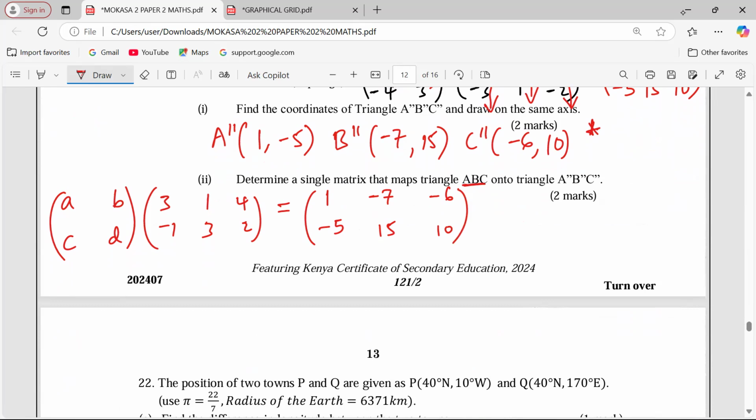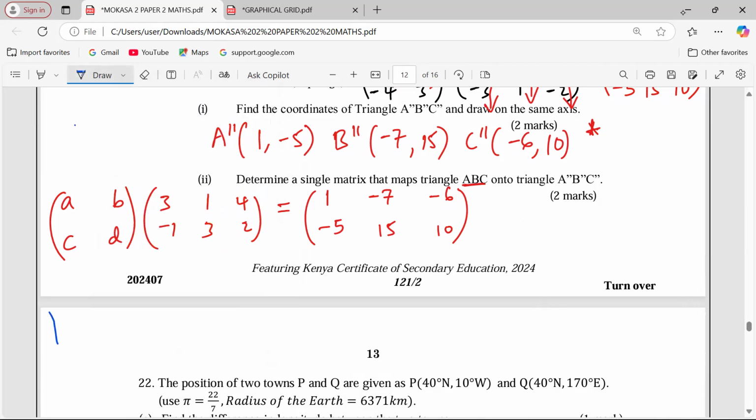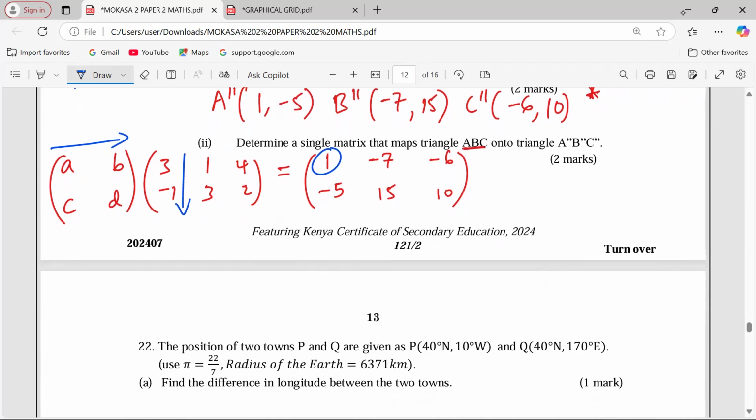So the matrix is unknown and we're supposed to determine it. We should be able to maneuver in such a question in this manner. Row multiplied by column should give us the first element. So we'll talk about 3A.